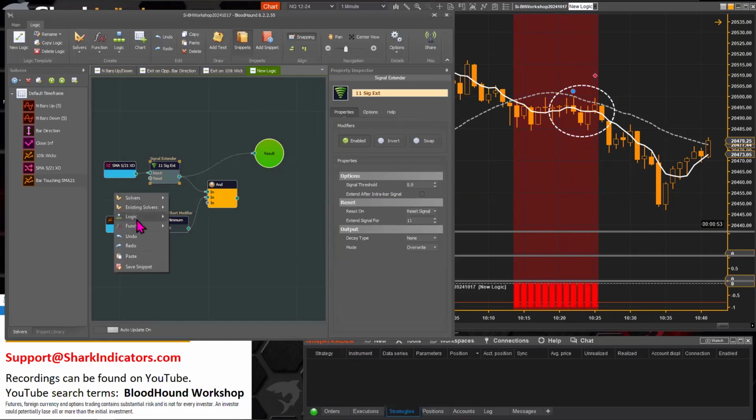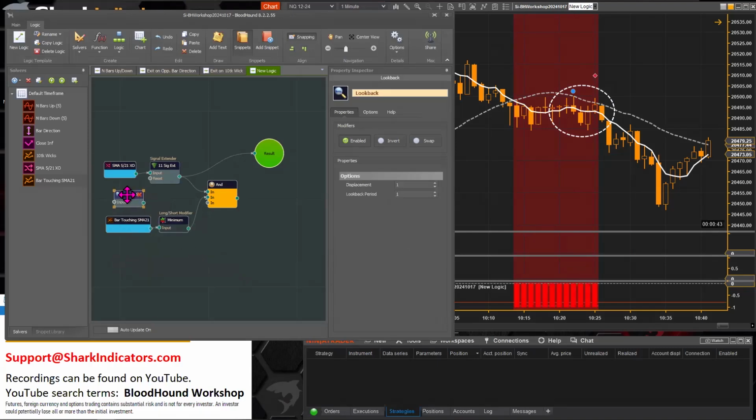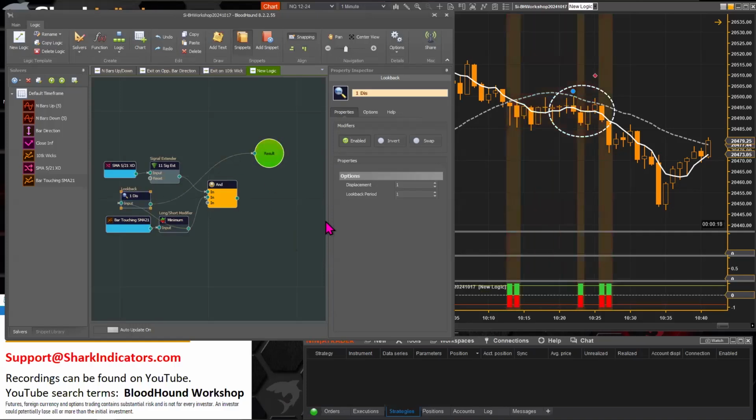So what we can do is, let's see, we're going to grab a look back function node. And this look back function node, we're going to use the displacement here. So if we connect in our bar touching logic here, let's take a look at it.